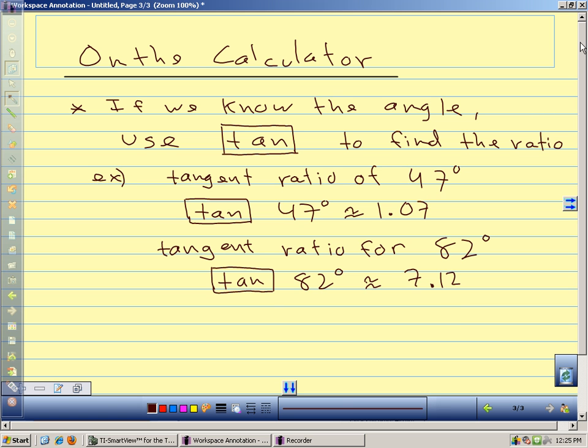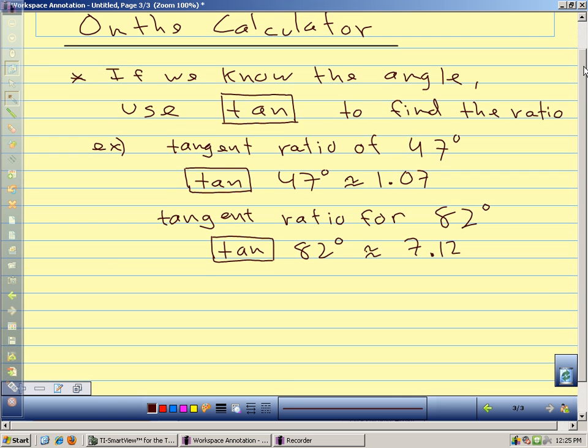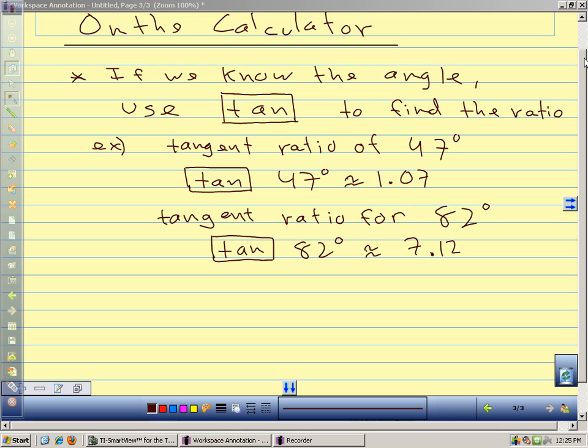Now we're going to go the other direction. Questions before we move on? If we know the ratio, we use the inverse tangent button. On your calculator, it will look like this.